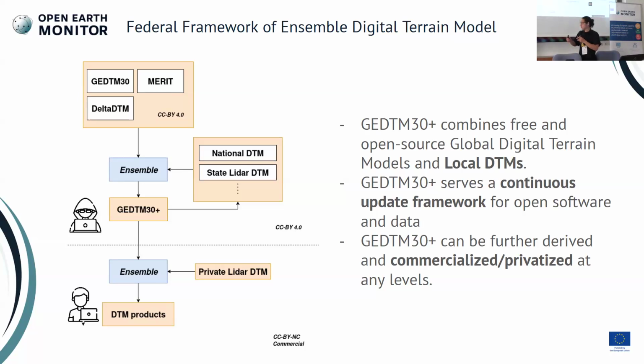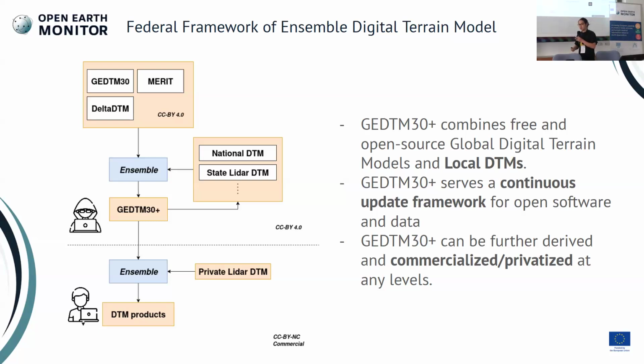So this can be a process loop that every time we receive a new GDTM 30 plus, it will go back to an ensemble with another national dataset. Then if new data resources pop up or new people are willing to contribute data, they can always join into this process loop to produce a GDTM 30 plus, as not every pixel has to be altered, but we gradually update and improve our product.